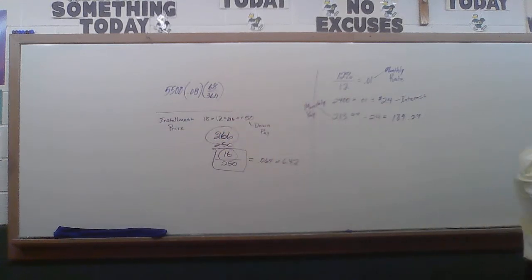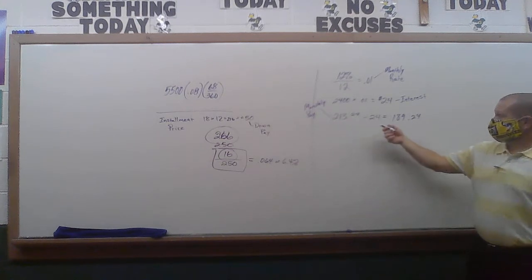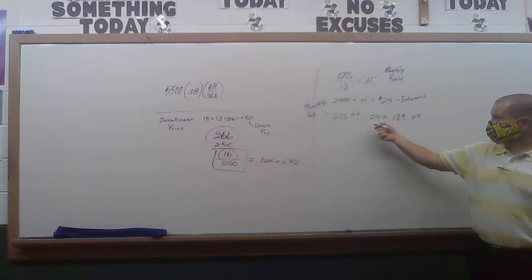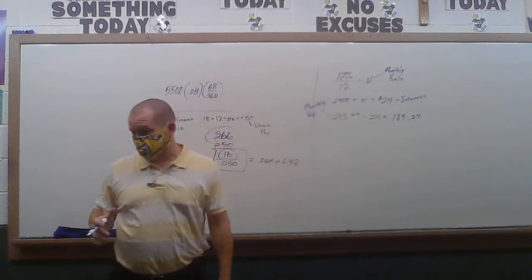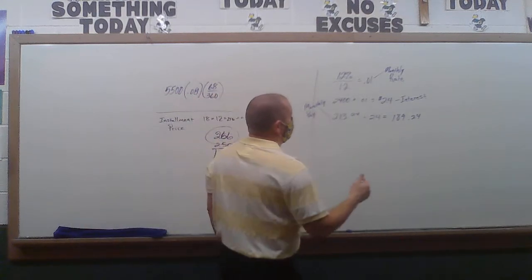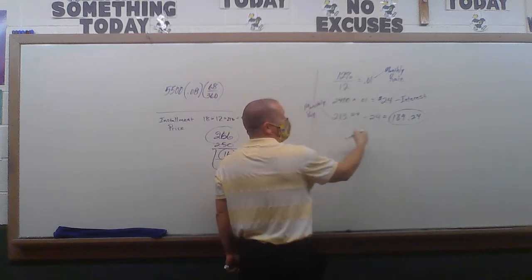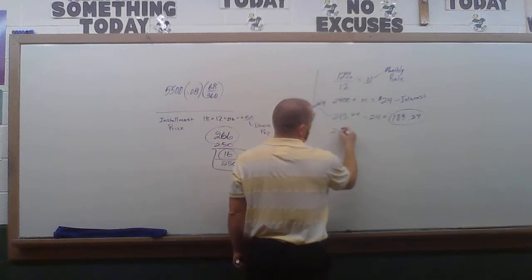So the amount applied to the principal is what they're using to pay off the big bill. This is my monthly payment, but Sears or whoever is getting $24 because they're going to get their money too. All right? So the last thing says, what's my new balance? So then this number, even though my monthly payment is larger, this is the number that I have to take away from 2,400.